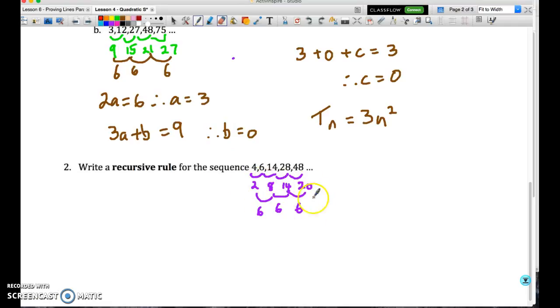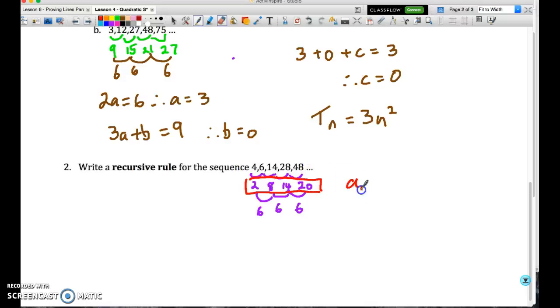This confirms for us, if we were to do an explicit formula, this would be quadratic, but what we're after is a recursive formula. What I can, though, do is use the fact that the first differences of a quadratic sequence will themselves be an arithmetic sequence.